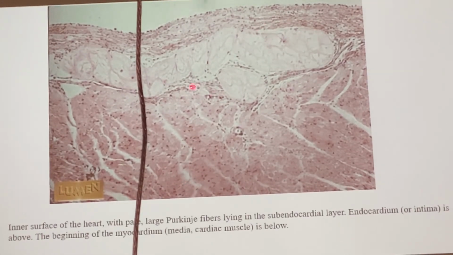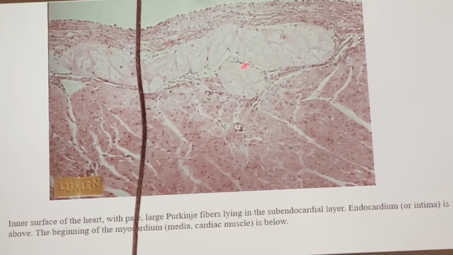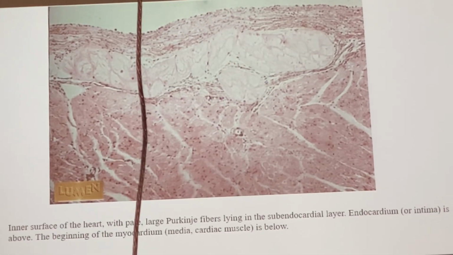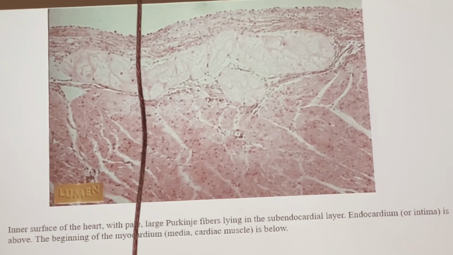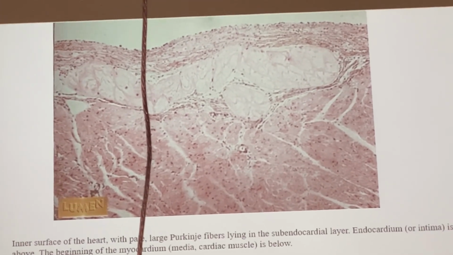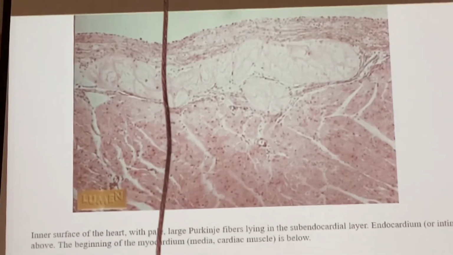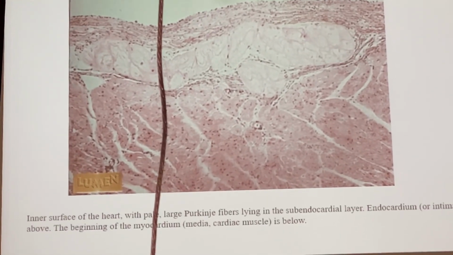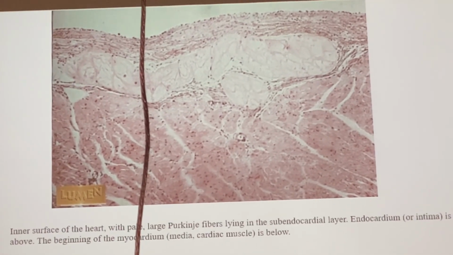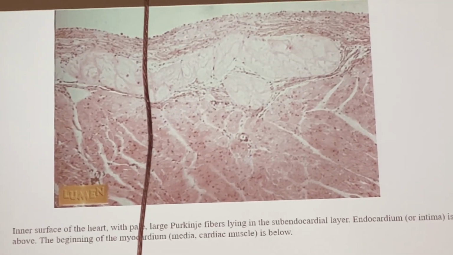If you compare these two areas, you will see that the Purkinje fibers are lighter and larger than the ordinary cardiac muscle cell, and they are located only in the subendocardial region.